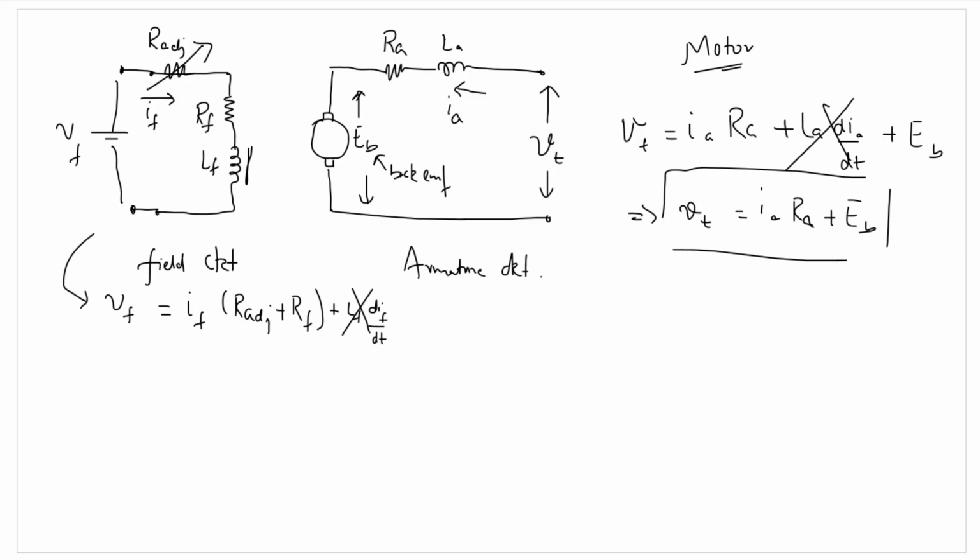The losses in the armature windings, that's IA RA, the voltage drop taking place in the armature windings, will have to be taken into account. So this is the equivalent circuit of a separately excited DC motor and its different equations.